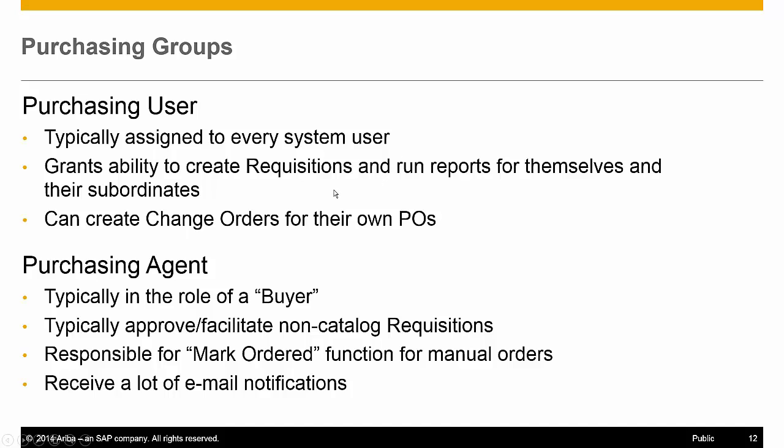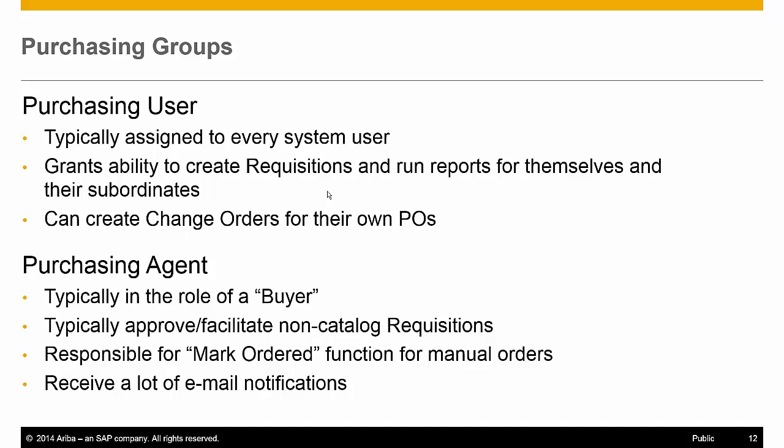That's because it gives you the ability to create a purchase requisition in Ariba and also to run reports against your own transactional data and those of your subordinates, so anybody who reports to you. Out of the box, you are limited to that much visibility. You're also able to create change orders for your own purchase orders as well. So that's the most basic group that you'll probably assign to every system user.